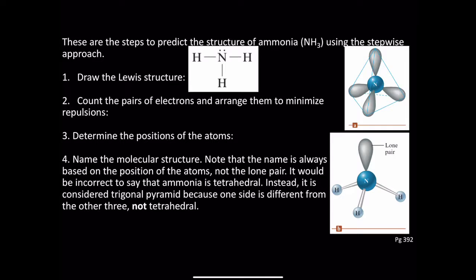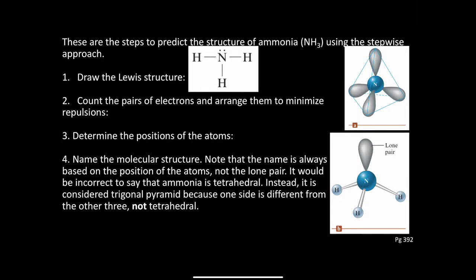It would be incorrect to say ammonia is tetrahedral like we looked at last time, because this is a lone pair, we almost ignore it when we're looking at what kind of shape this is. So it looks like it's tetrahedral, just like it was before, but since we don't have an atom up here, we're going to ignore that when we're naming, but it is necessary for looking at the shape of these other 3 atoms.